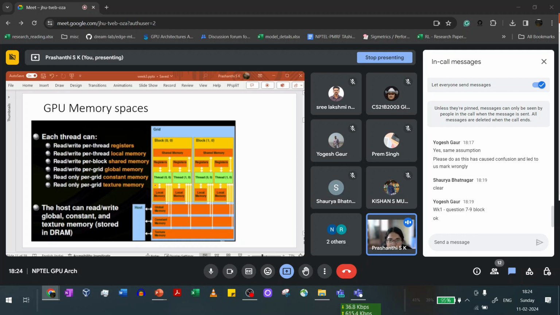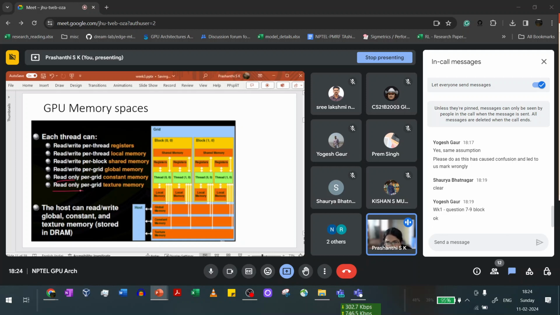You'll notice that within the grid there are these blocks or thread blocks, and the shared memory is per block. So each thread can read or write that shared memory also. And then there is global memory, which is per grid, and every thread can also read or write per grid global memory, and constant and texture memory are read only.